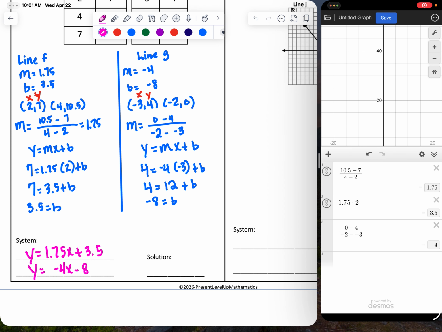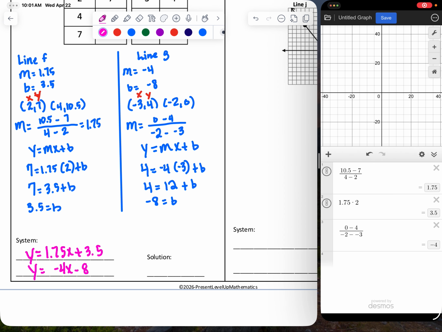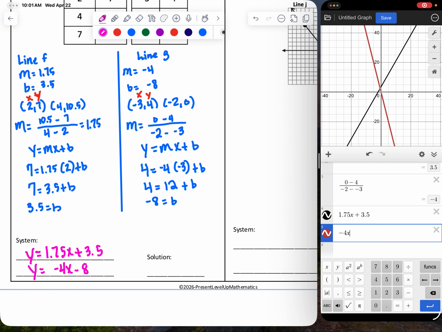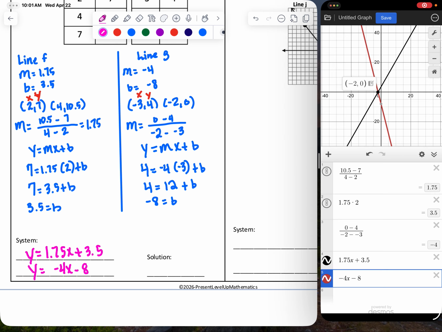So I'm going to zoom back out here and try to figure out where they intersect. So 1.75x plus 3.5 and -4x minus 8. So they're intersecting at the point -2, 0.